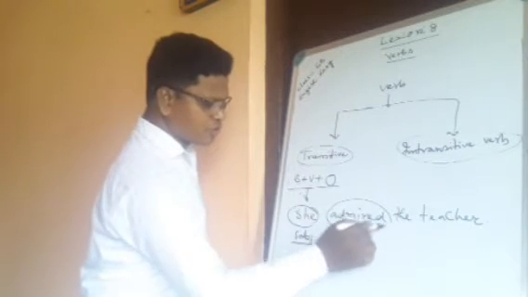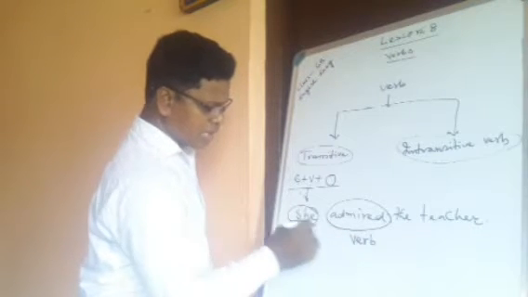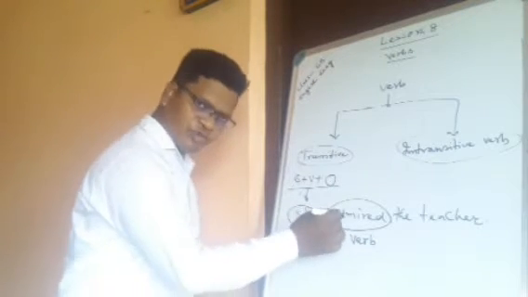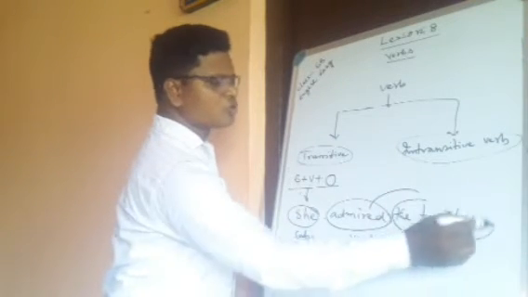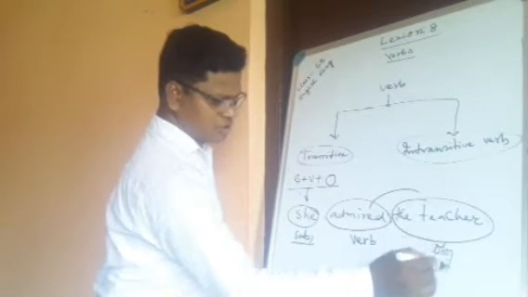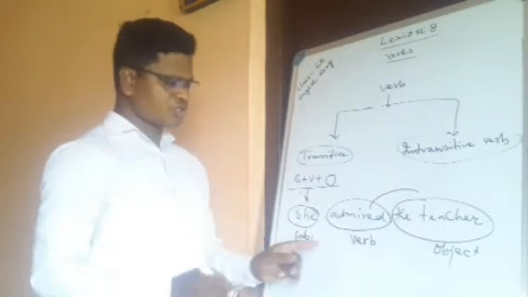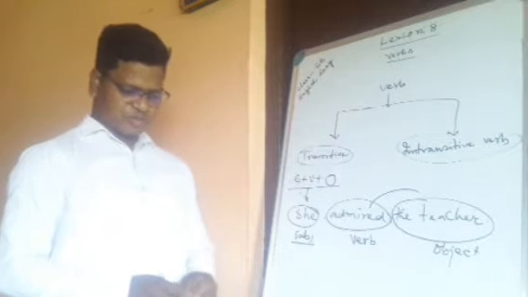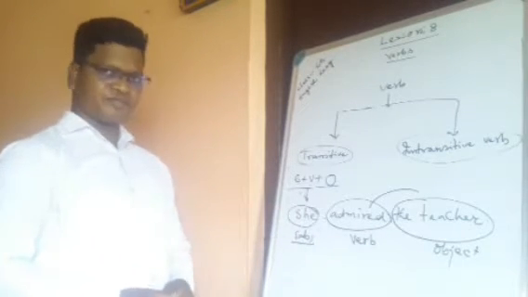She does the work of admiring, isn't it? This is the verb, and her verb is transferred to whom? To an object. So she does something, she is admiring, but whom? She is admiring the teacher. So this is an example of a transitive verb.